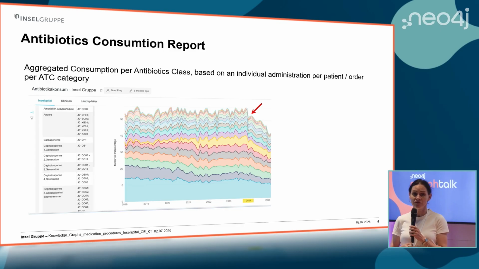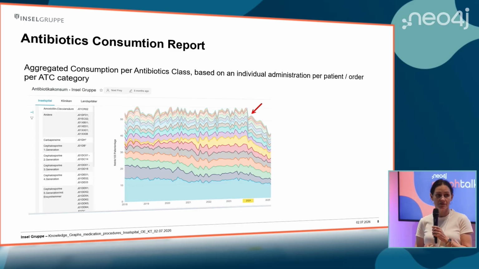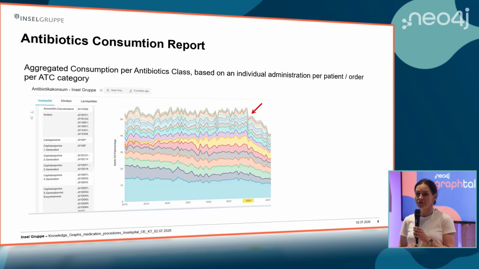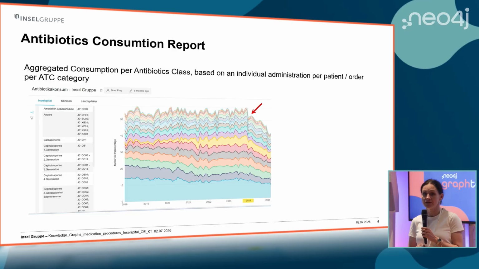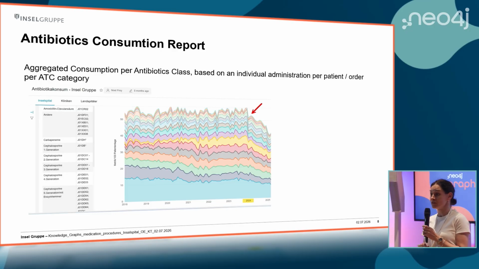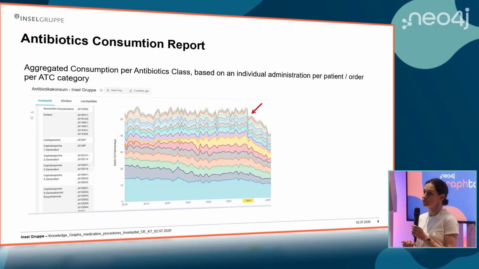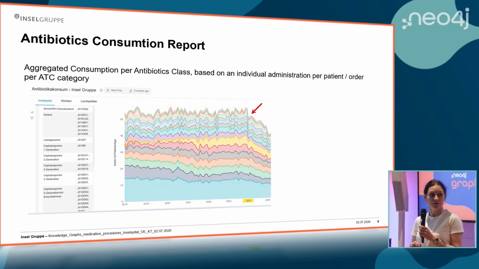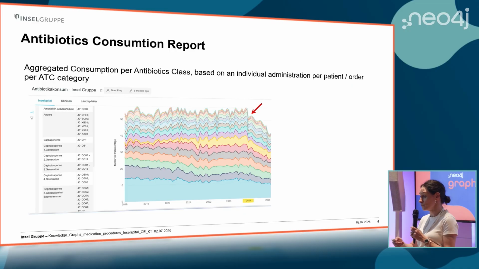Each administered drug, each dose, is a singular data point, which is then aggregated on the patient level and clinic level. We use the ATC code, the anatomical therapeutic chemical classification, which is really high level. It's not about a single medication, but it helps us track the different categories of antibiotics.